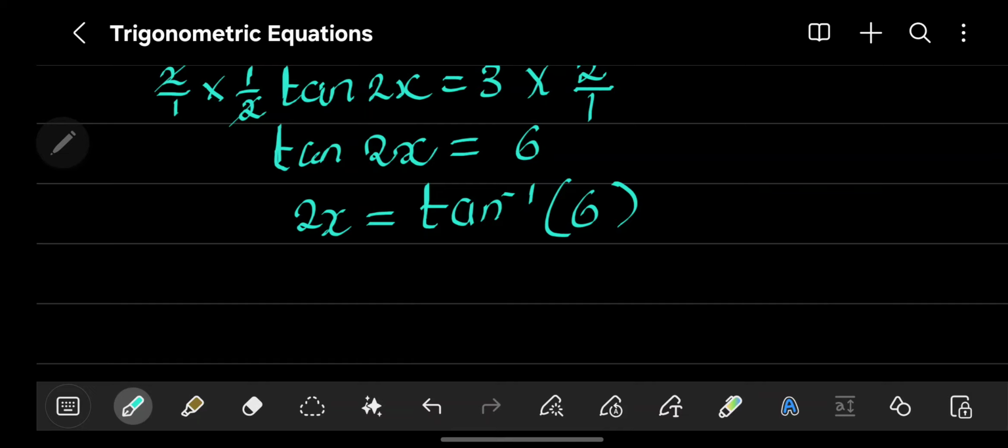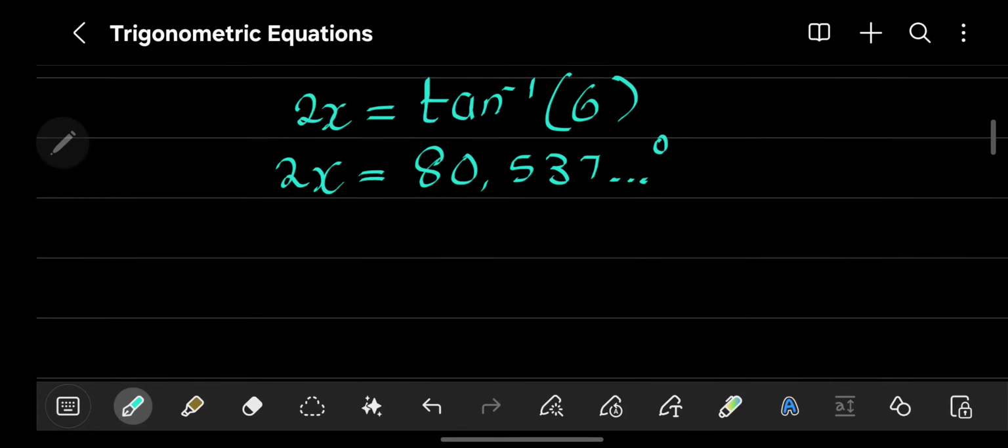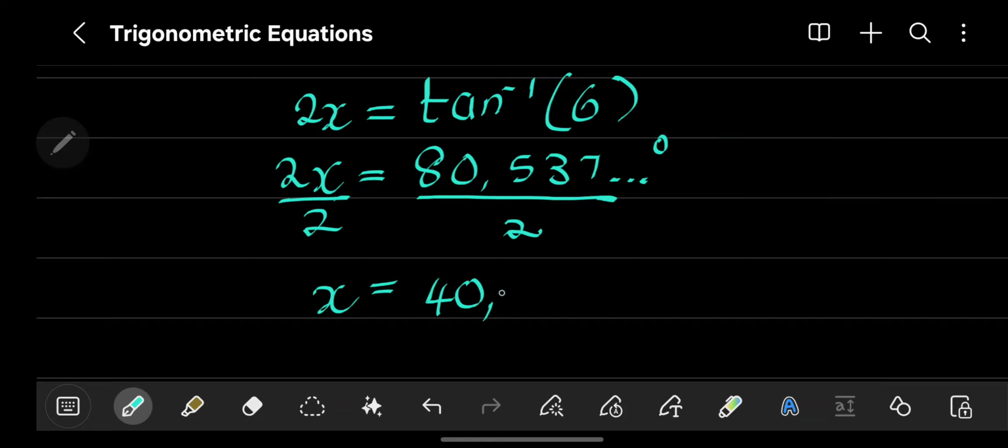Once you press your calculator, you will have 80.537 and so on, degrees. Now we just want to remove the 2. How do we remove the 2? We divide throughout by 2. Then your x eventually will be 40.3 degrees.